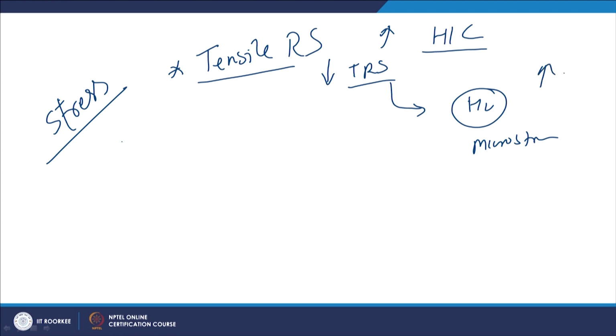Greater the hydrogen concentration and the harder the micro-constituents, in the form of martensite, meaning the greater fraction of martensite is present, the lower the stress required for hydrogen induced cracking.